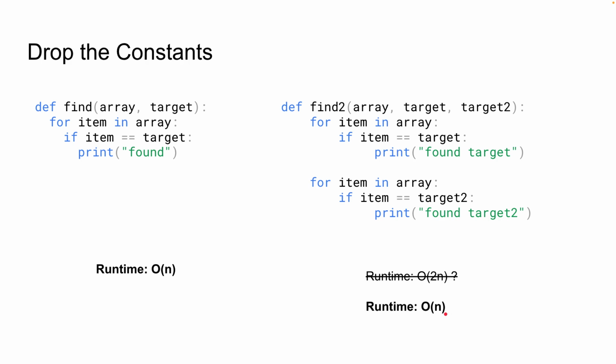Big O describes the rate of change in the algorithm as the input grows, and it's not meant to be a tally of the total number of instructions executed by the computer, even though counting these steps might help us reason about the time complexity. It follows from that rule that we also drop the non-dominant terms.